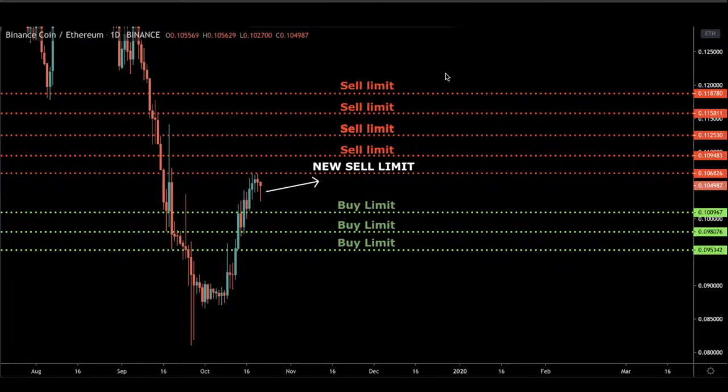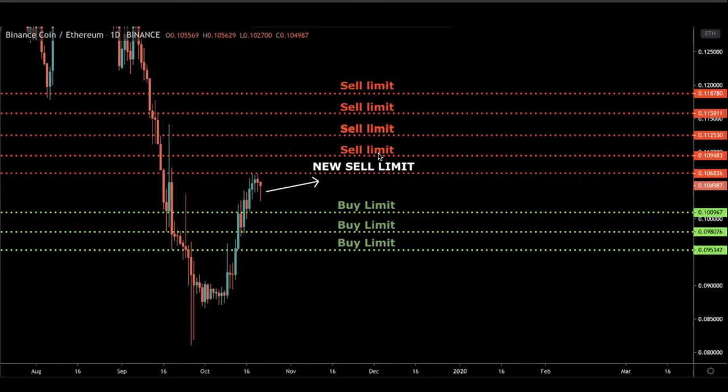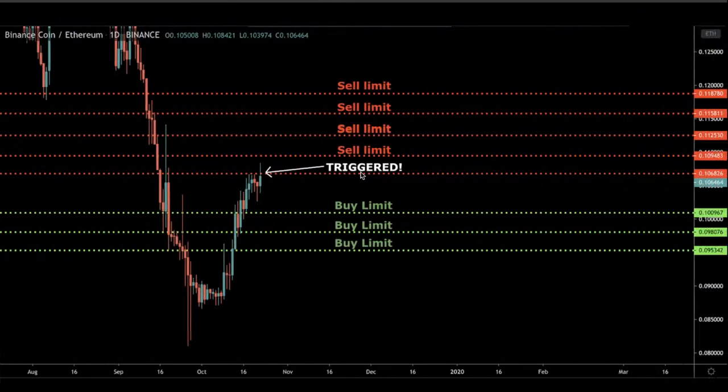So there is a strict rule, a strict algorithm. It has a certain spacing between all of your grid levels, which it maintains automatically. Each time a trade occurs, it will either place a buy limit order if the sell order has been triggered, or like in this example, the buy limit order was triggered, so the sell limit order was placed right above this price, maintaining the grid spacing.